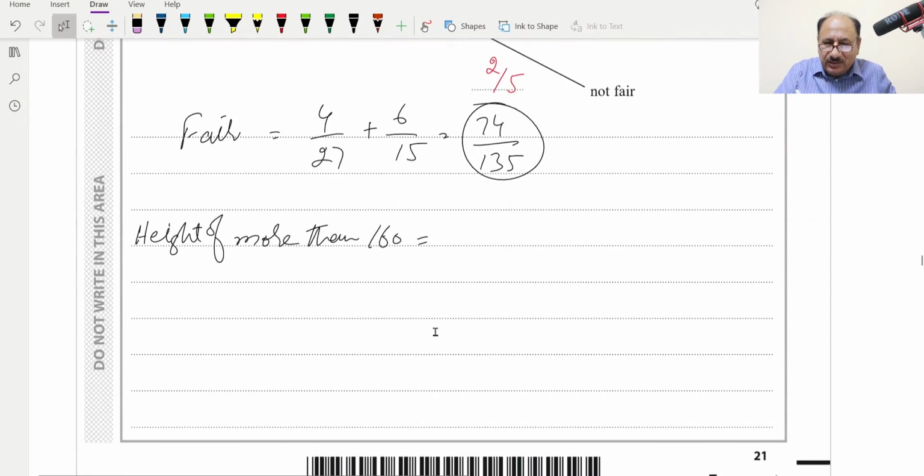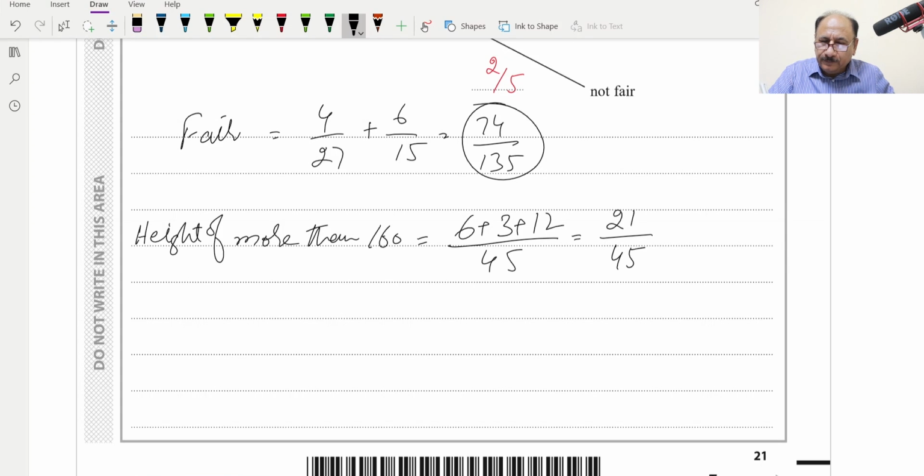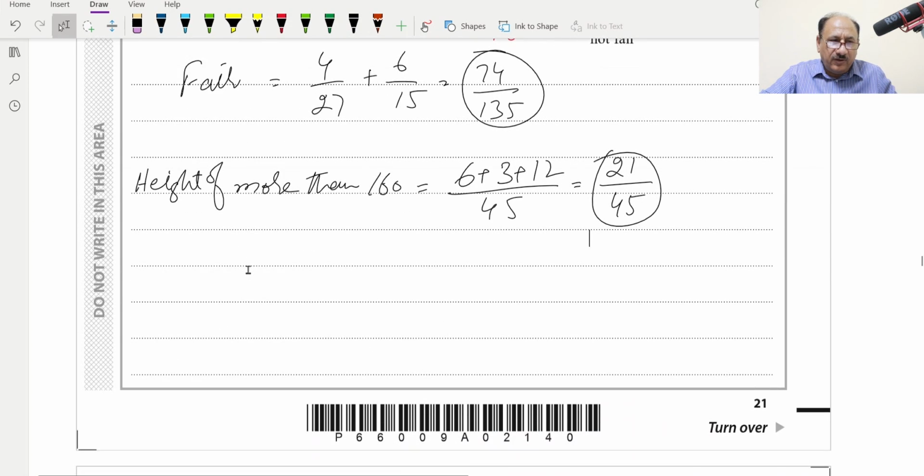So 6 plus 3 plus 12 divided by 45, and this will be equal to 21 over 45, and this will be this probability, and we have to find the fair and more than 160.